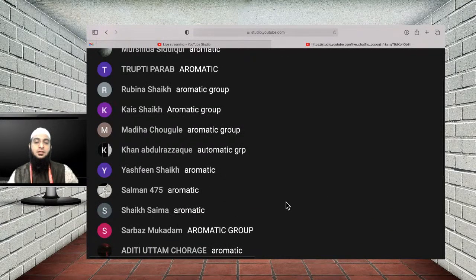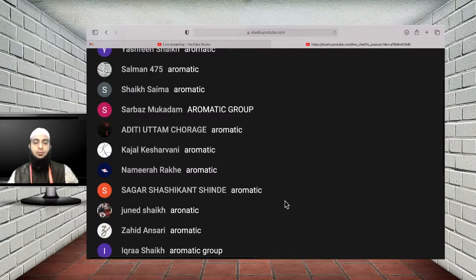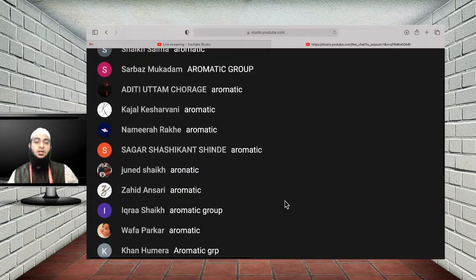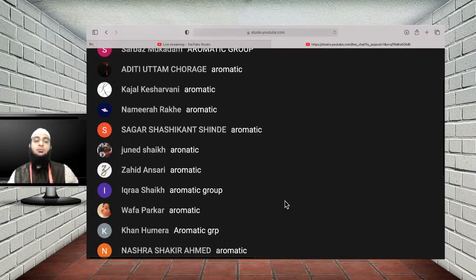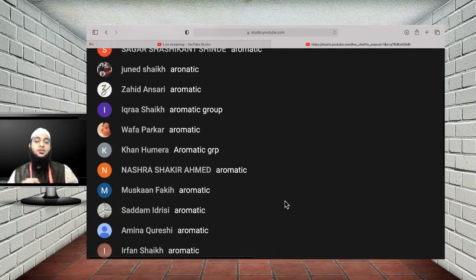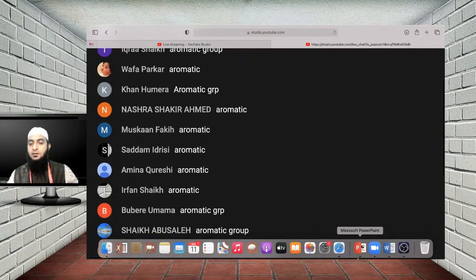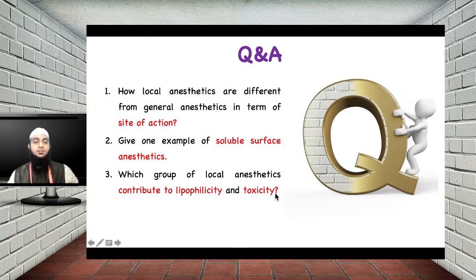With increased lipophilicity, such a drug can cross the membrane and go into blood circulation, whereas you don't expect their action in the blood, you want just local action. Obviously, when the drug goes into the blood circulation, it may contribute to toxicity because it is exposed to different organs. So we have seen that it is the aromatic group which contributes to the lipophilicity and toxicity of the local anesthetics.